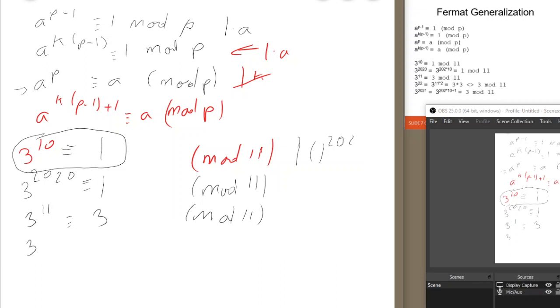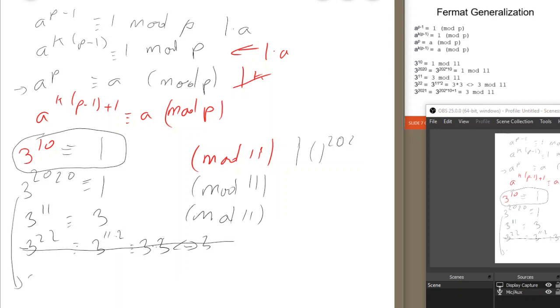But obviously 3 to the power 22 is congruent to 3 to the 11 times 2, which will be 3 times 3, different from 3 mod 11. Right, so this is not an interesting relation.